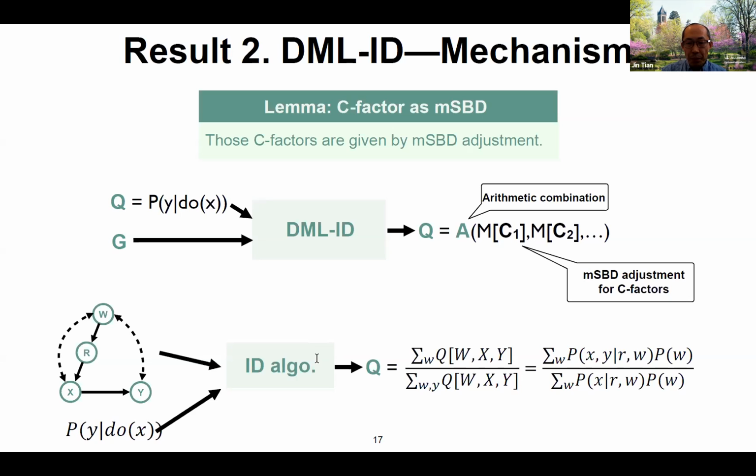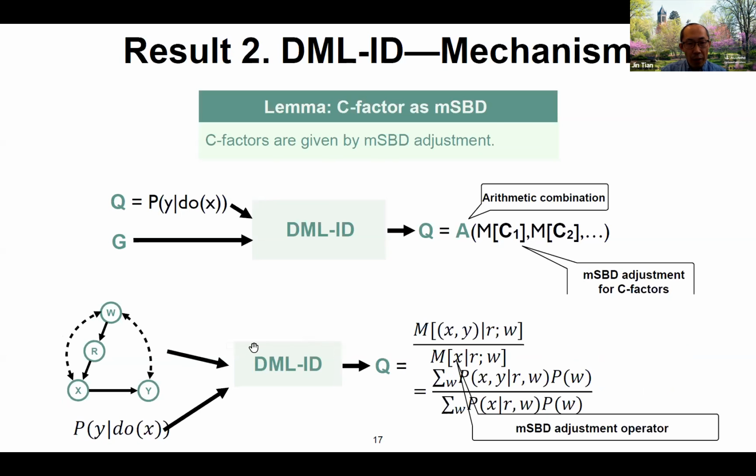For example, in this model, each of these forms is expressed as an MSBD adjustment, which I defined previously. In fact, for this particular one, each of them is a backdoor adjustment, so MSBD adjustment in this case reduces to the standard backdoor. This is in fact the causal effect of R on XY with W as a covariate. The bottom one is the causal effect of R on X adjusted by W.